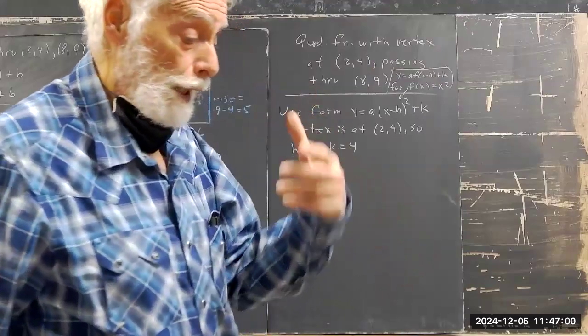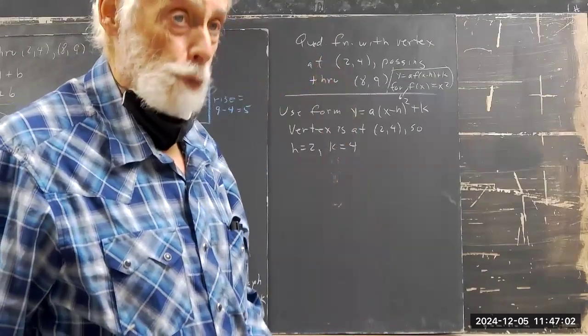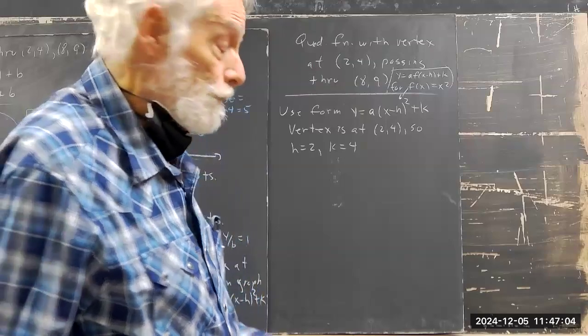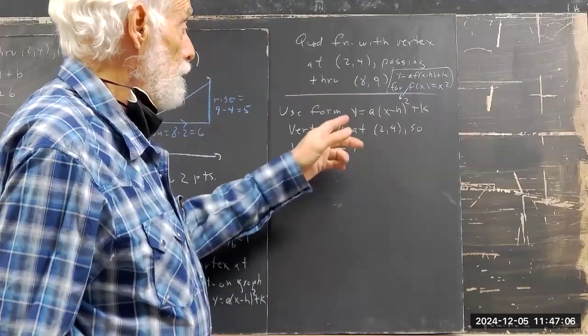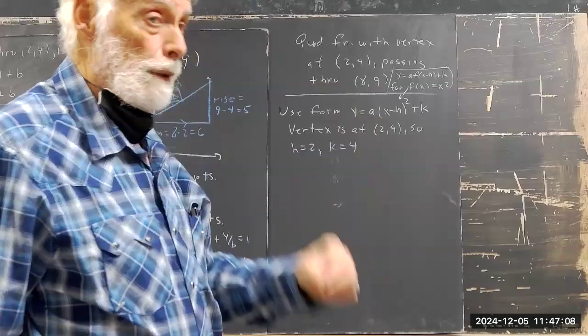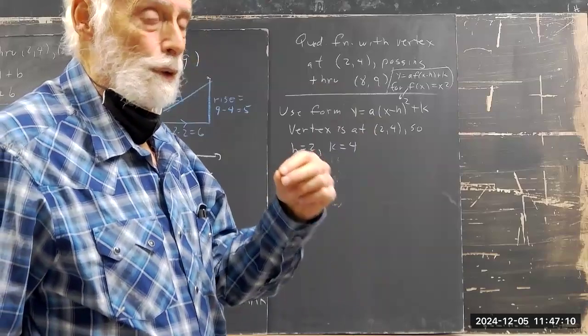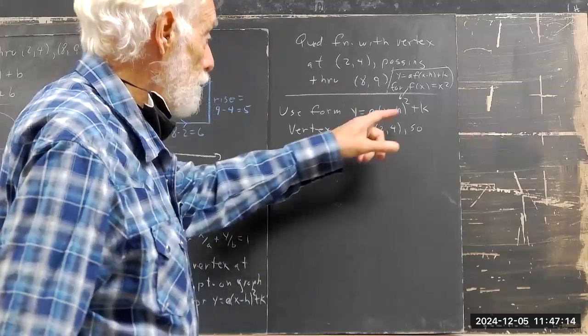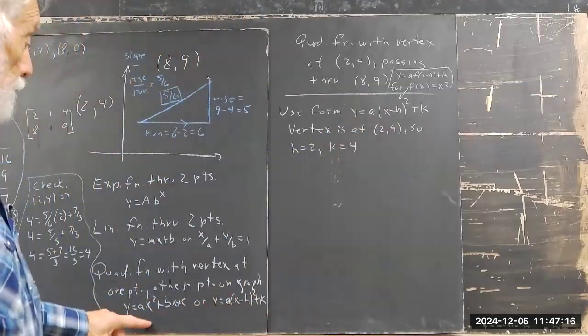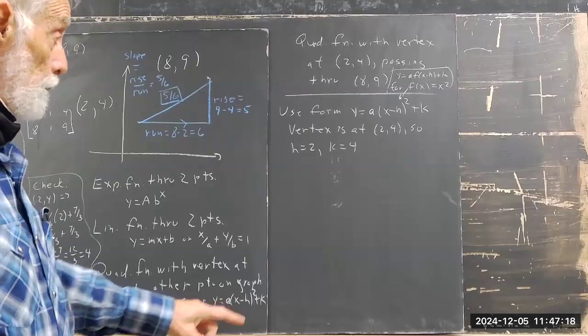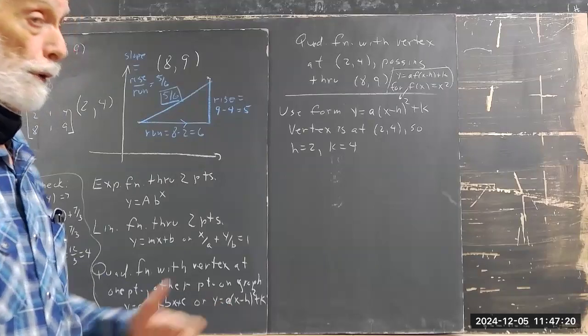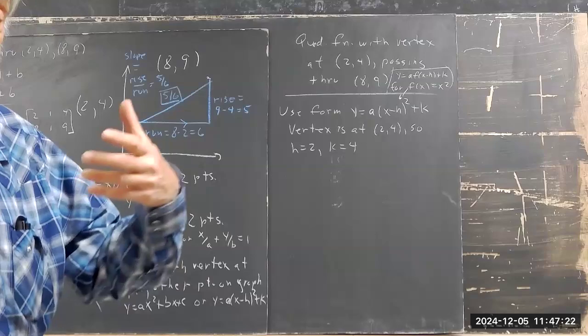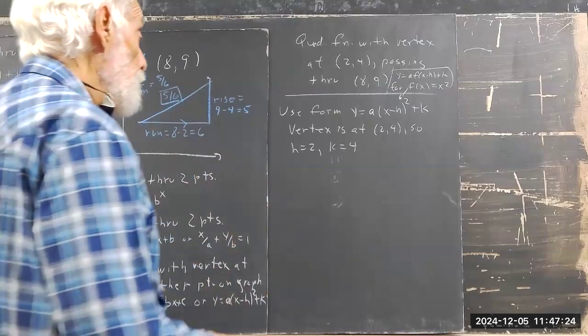If the toolkit function happens to be the squaring function, then you get a general form with a very important quadratic function. Okay. Now, if it's in this form, you can put it into this form. If it's in this form, you can put it into this form. We're probably going to talk about that too, but let's go ahead and get the equation.